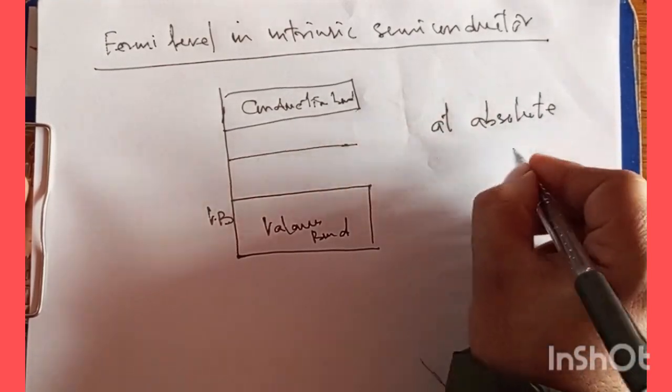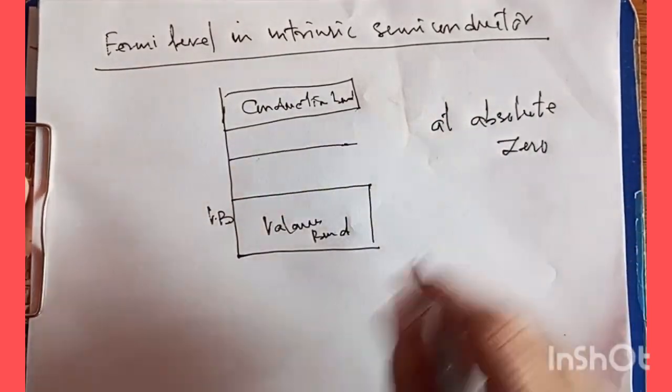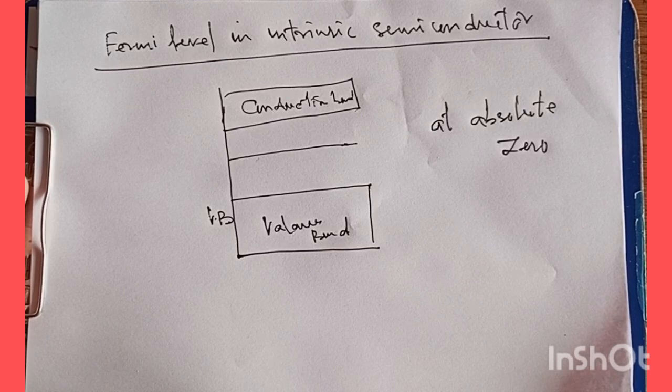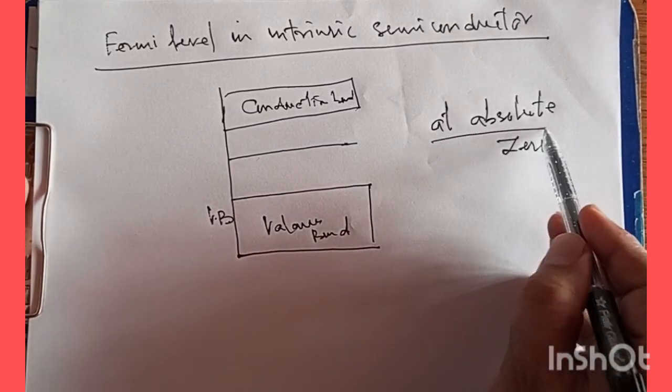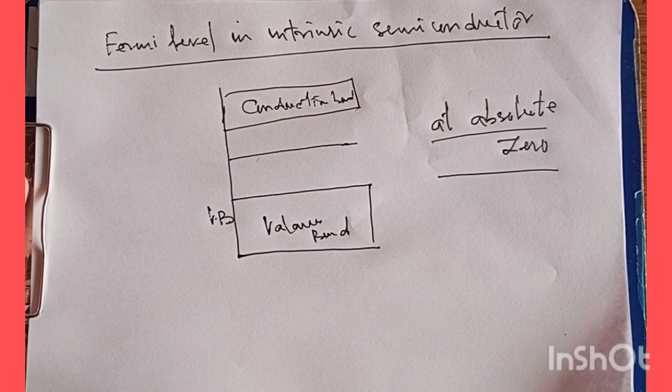So that means an intrinsic semiconductor behaves as a pure insulator if we have the system at absolute zero. So as we increase the temperature of these intrinsic semiconductors, there is an equal number of electrons and holes, right?